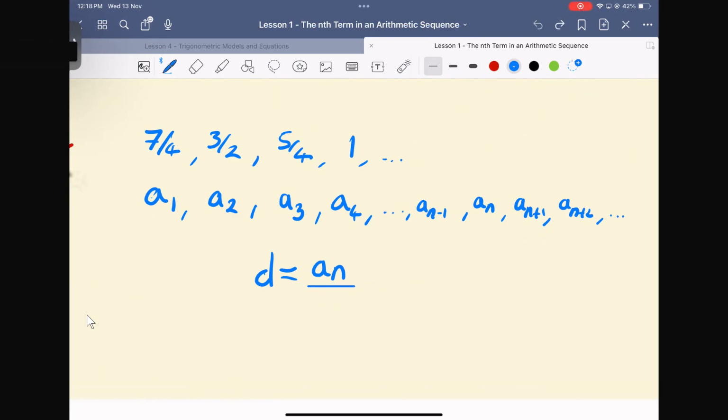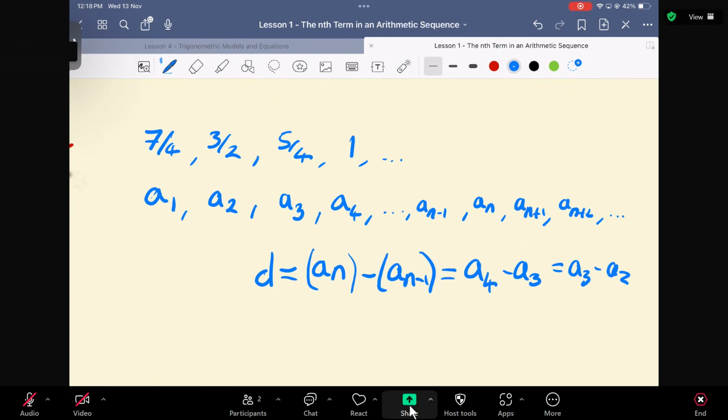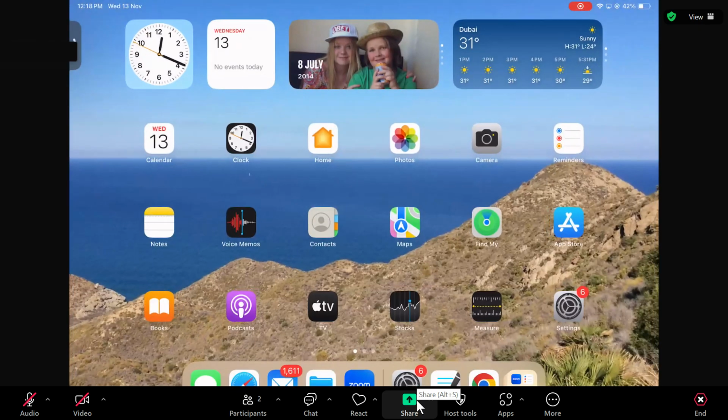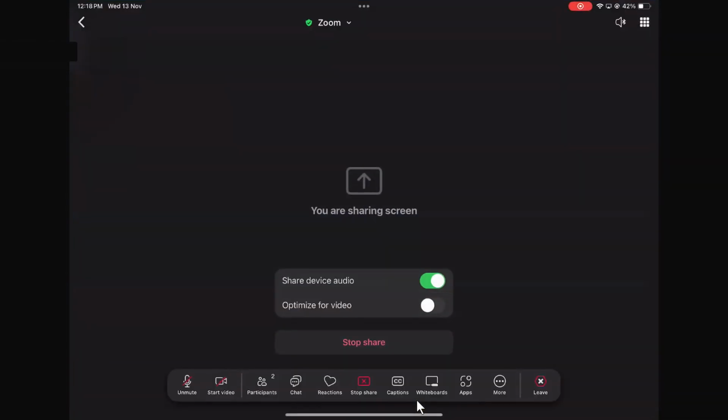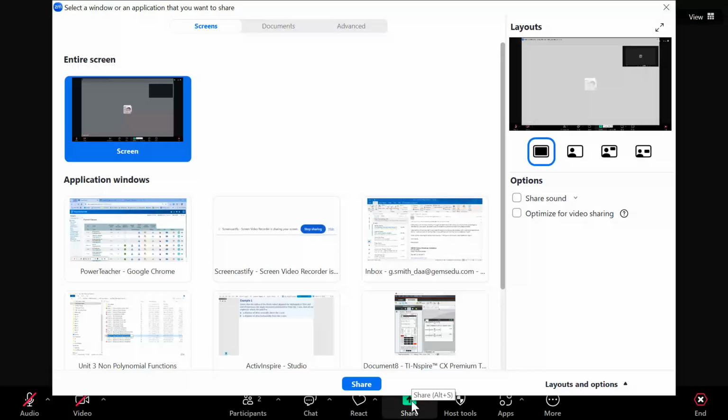For instance, if we took a4, we would subtract a3 and we get the common difference. If you do this for several terms, like a3 minus a2, and it comes out to be the same, then you have a common difference. Let me show that calculation for you.